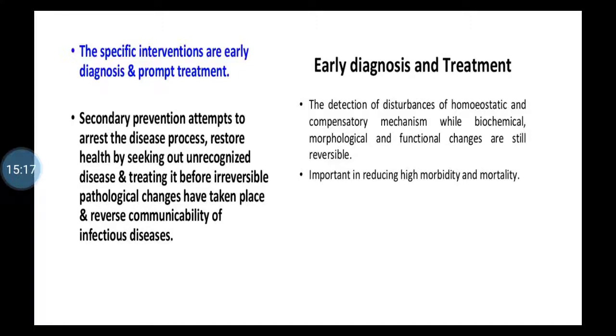Also, the suffering of the patient is minimized. Now, some of the methods by which early diagnosis or identification of disease can be made include screening surveys, periodical examination, and specific examination of people who are at high risk of disease, isn't it?